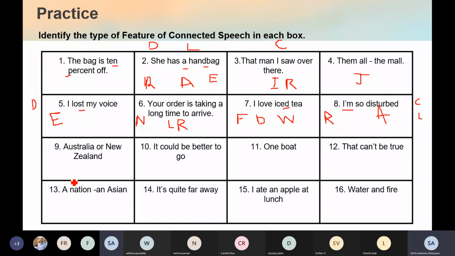Okay, great. Next one. Miss? Yes, tell me. When do we have assimilation?